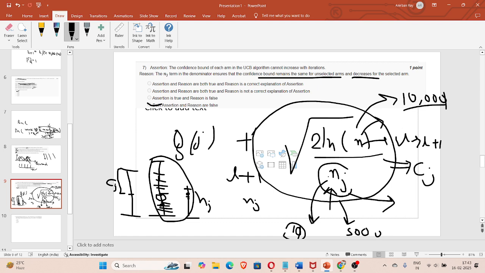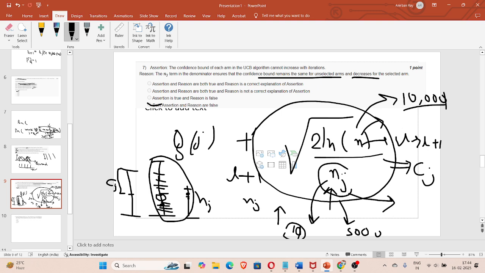If you keep taking this, this will keep increasing. So the ratio may not decrease? Yes, because it is always larger. As time goes on, it will always be a large value. So how can we say that the bound is getting reduced and only the qj term will exist? That I am not getting.